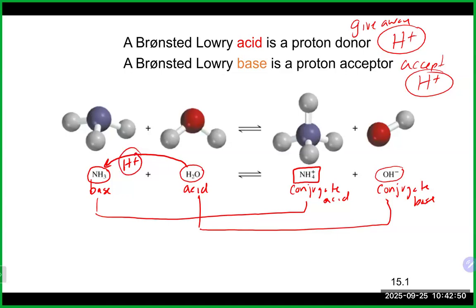So you could only have a difference of 1 H plus. That can be the only difference between two things for them to be related to each other in this Bronsted-Lowry conjugate acid-base pair. If it's more than 1 H plus, if there's some other difference besides the H plus, they are not related to each other. Questions on that there?